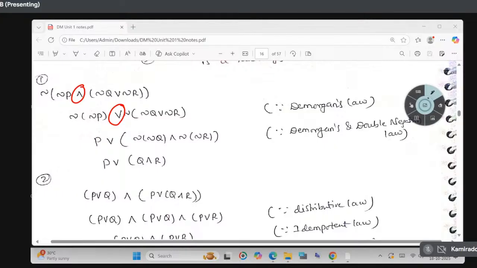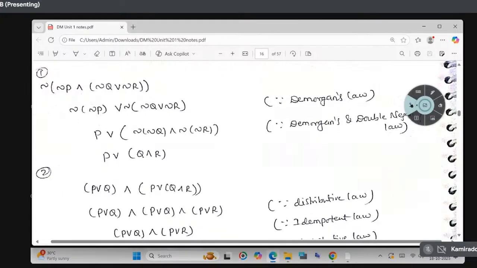Then I am again applying De Morgan's law with double negation, which will become P or Q and R. Right? So that is my first term, which I have given you as term 1.